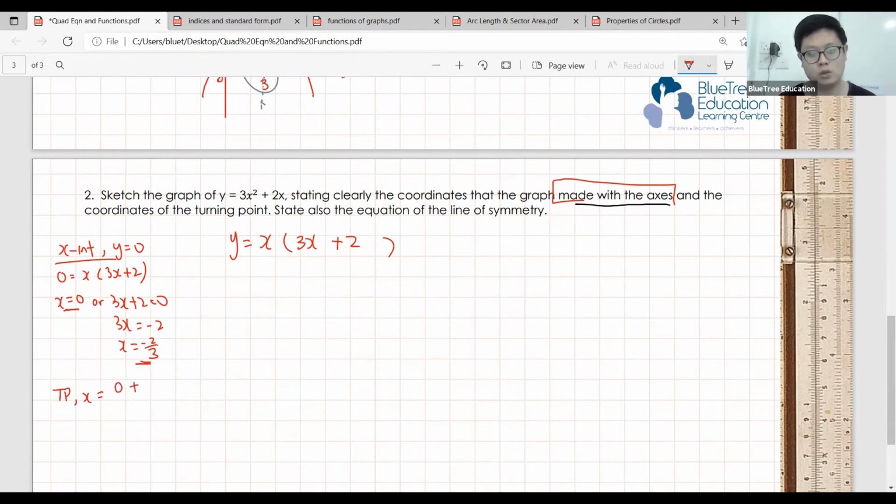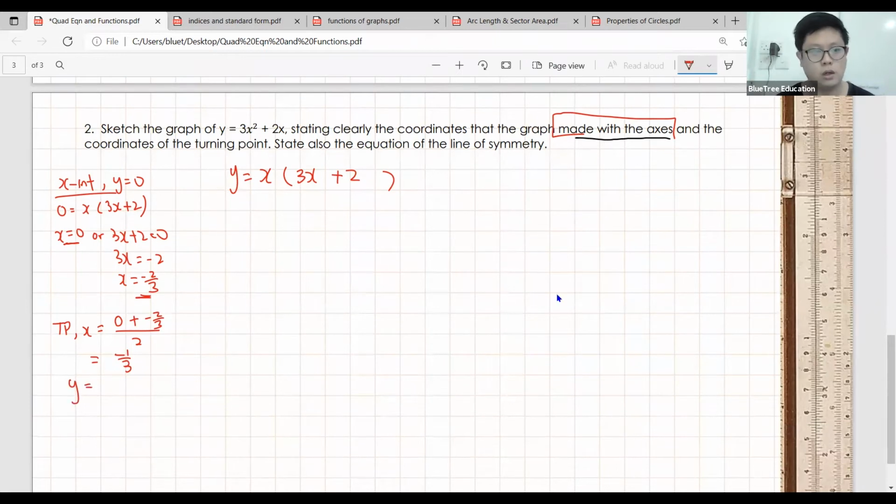If you add these two numbers together and divide by 2, you will get the x-coordinate for the turning point. Then after that, you will do y.